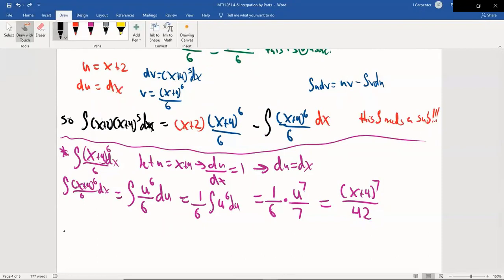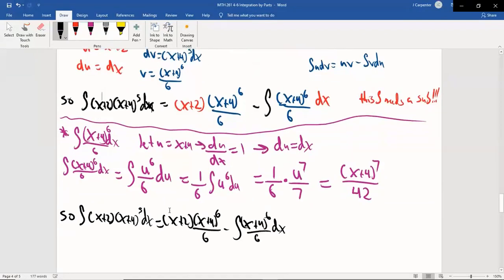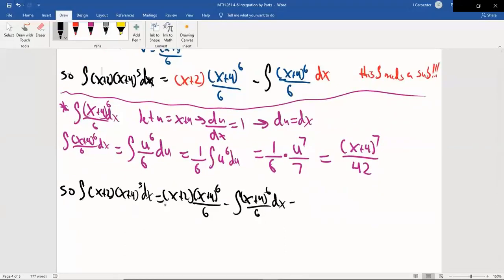Okay, so our original integral, which was x plus 2 times x plus 4 to the 6th over 6 minus that integral of x plus 4 to the 6th over 6 dx, is going to become x plus 2 times x plus 4 to the 6th all over 6.